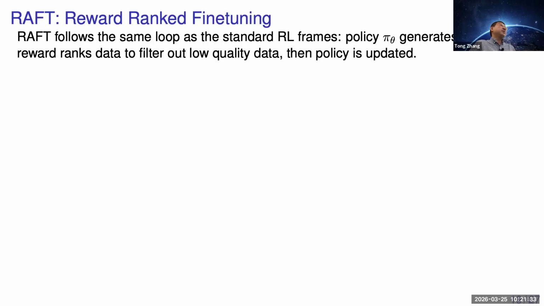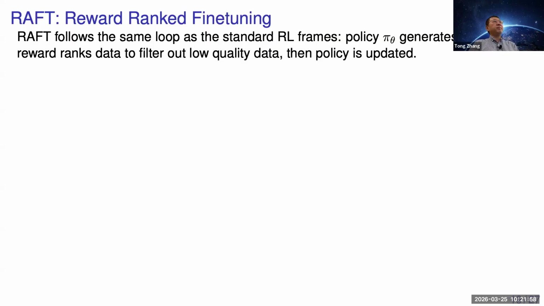Compared with DPO, you use SFT data within the RL loop. How you form this SFT data is what we will talk about here. Look at the standard RL framework. Your policy generates the data. So how do you generate the SFT data?